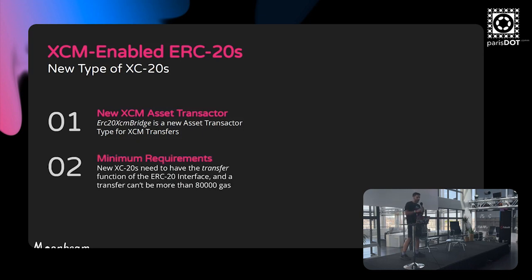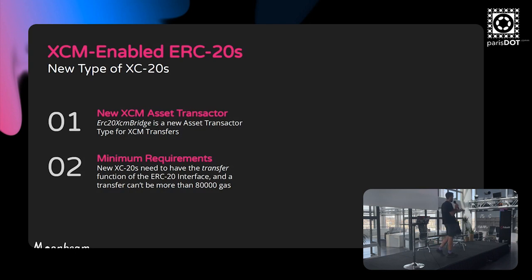And so now the only requirement for ERC-20s to be sent or shipped via XCM to any parachain in the Polkadot ecosystem is that they have to have the standard ERC-20 interface. More importantly, the transfer function, all right? That's the baseline requirement. And the transfer has to be completed within 80,000 gas units, okay?